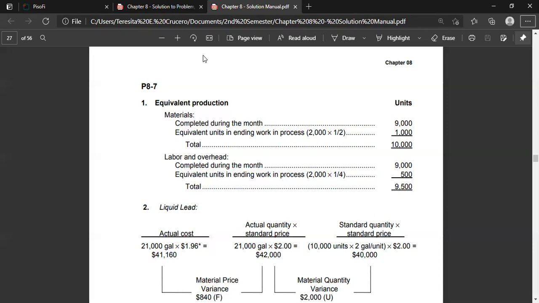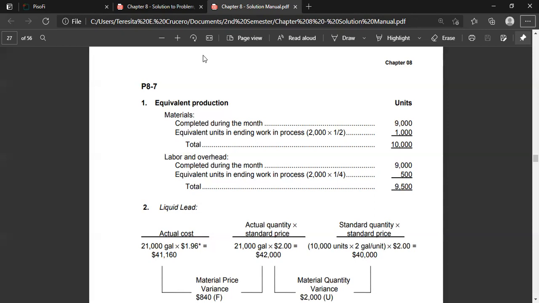Now with regards to materials, your 1 gallon of liquid lead and varnish are added at the start of processing. The balance of the materials added when the process is 2/3 complete. In other words, at the beginning of the process, you add 1/2 of the needed materials, while the other half will be added when the process is 2/3 completed.